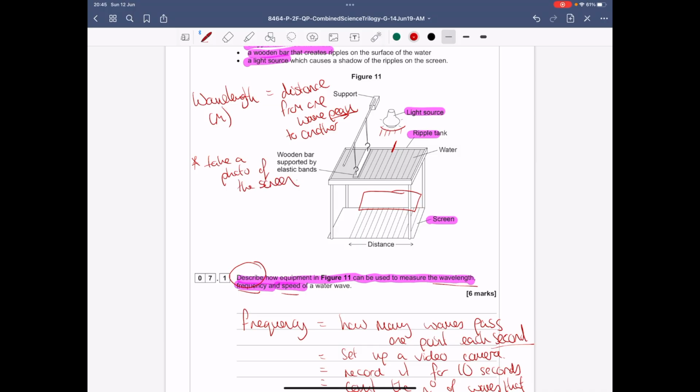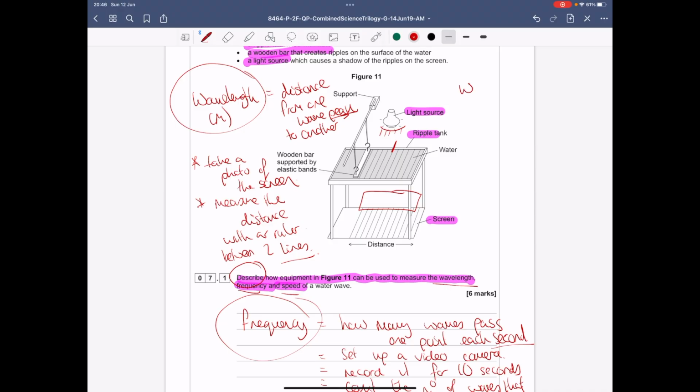And then you can measure the distance with a ruler between two peaks, or between two of the lines, and that would give you the wavelength. So you can use a video camera to get your frequency, and you can use just a normal camera to get your wavelength.